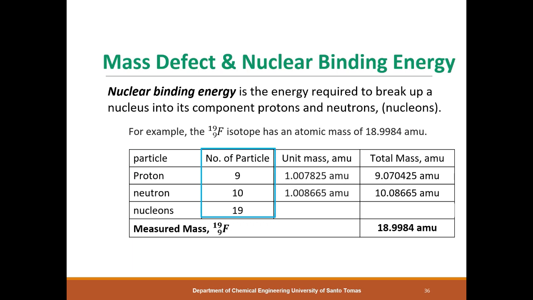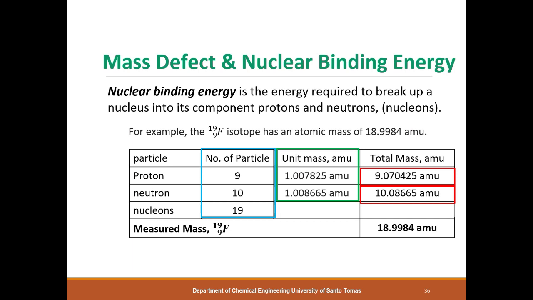Using the known masses of the proton at 1.007825 atomic mass units, and that of the neutron at 1.08665 atomic mass units, we can proceed with the following analysis: the mass of the 9 protons is equal to 9.070425 atomic mass units, and that of the 10 neutrons, we will have 10.08665 atomic mass units.